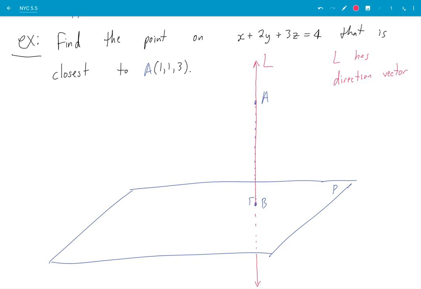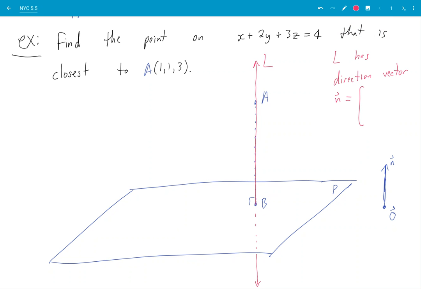Well, L is perpendicular to the plane. So say I have the origin sitting over here, it doesn't matter. Let's say the normal vector is going like that, or maybe it's going like this, doesn't matter. But it is pointing in the same direction as L. So that can be my direction vector.